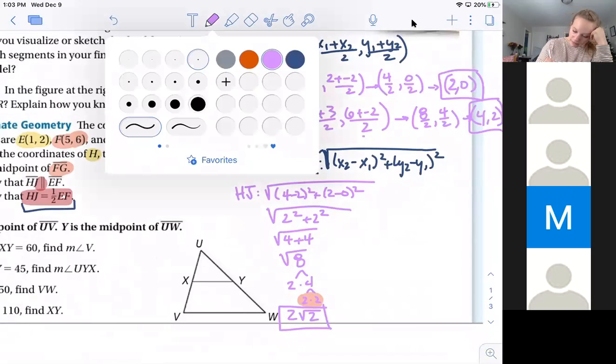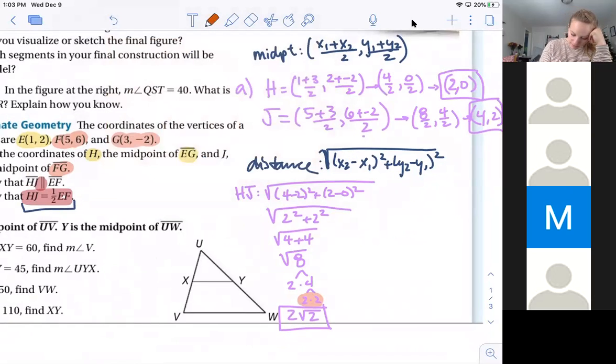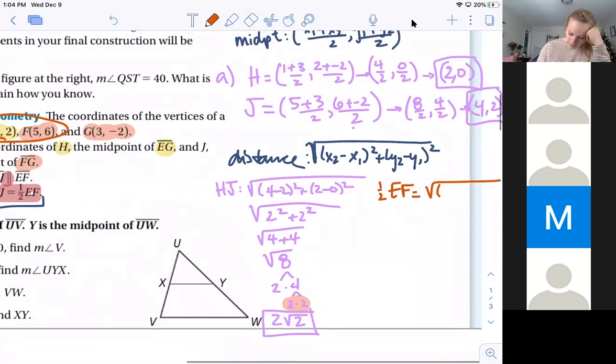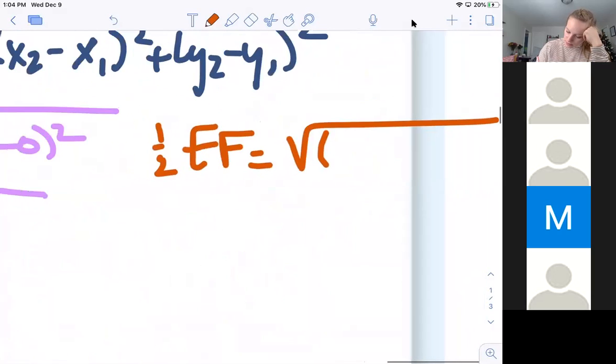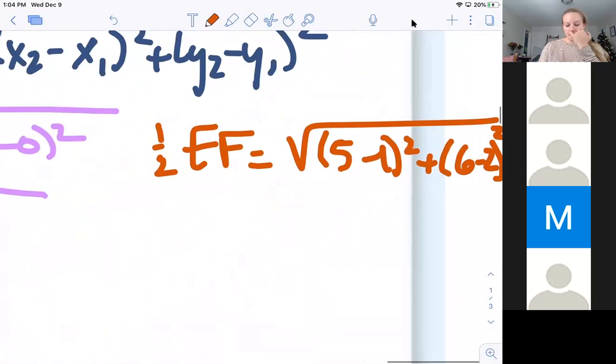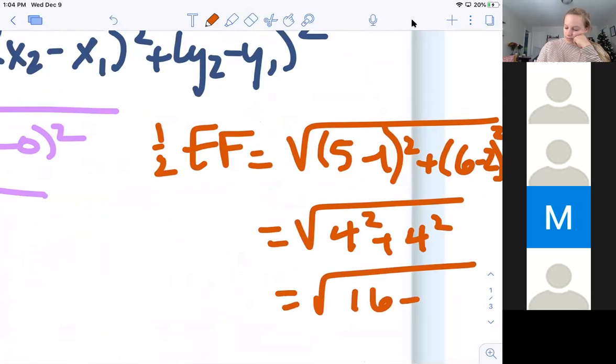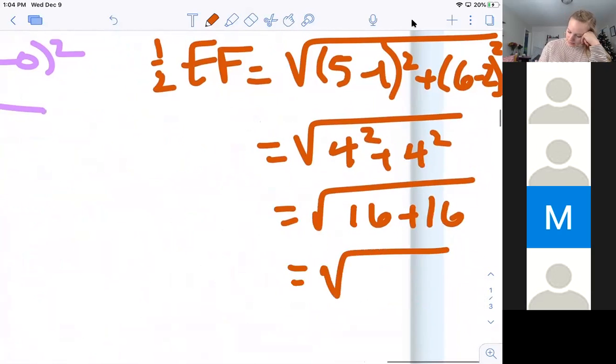Next, we would do 1/2 of EF. And EF are these two points, (1, 2) and (5, 6). 5 minus 1, 6 minus 2. 5 minus 1 is 4, 4 squared. 6 minus 2 is also 4. 4 squared is 16, and 16 plus 16 is 32.